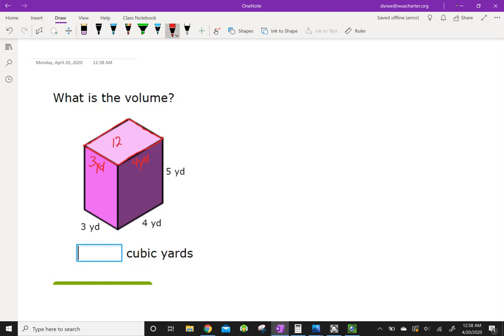So it's 12 yards squared, and then multiply that by the height, or the line that connects the 2 rectangles, the base that you just found the area of. So that would be 12 times 5 equals 60 yards cubed. 12 yards squared times 5 yards gives you 60 yards cubed.